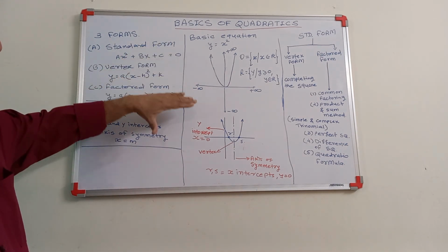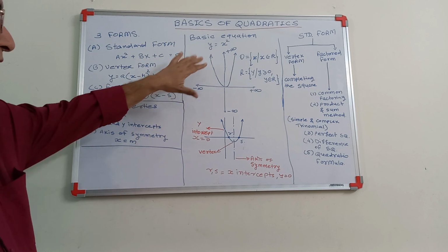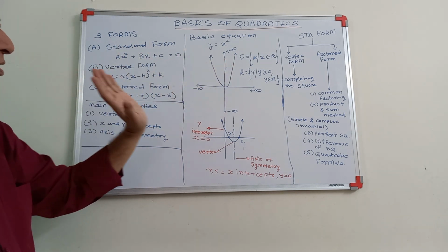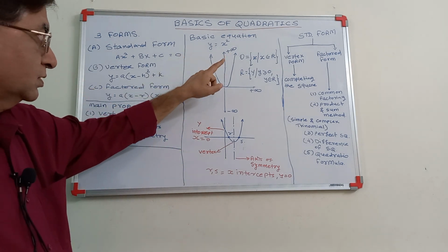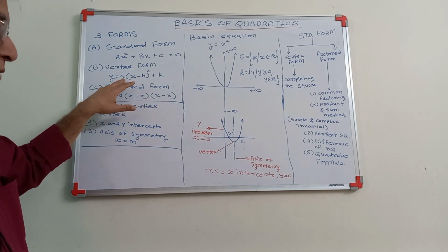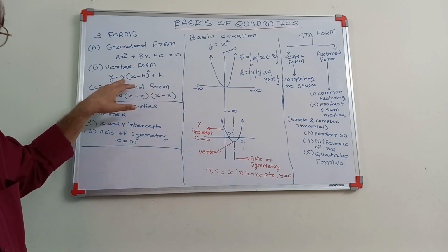So this is the basics of quadratics: what quadratics is and what the properties of the graphs of the quadratic function are. Then we will see in the next video the transformation of these graphs. If the value of a is greater than 1 or less than 1, what happens?